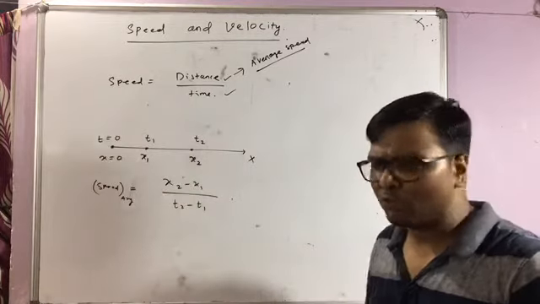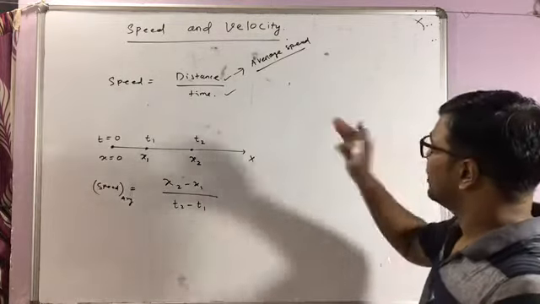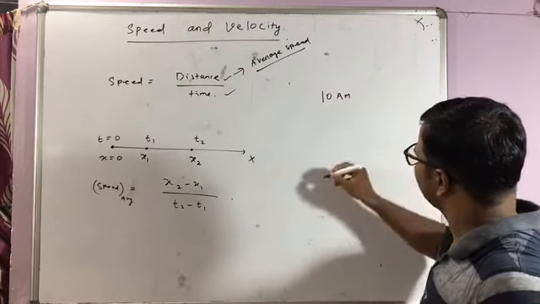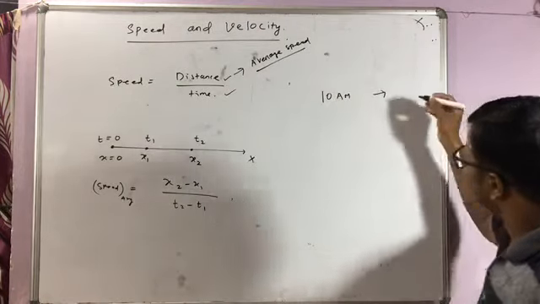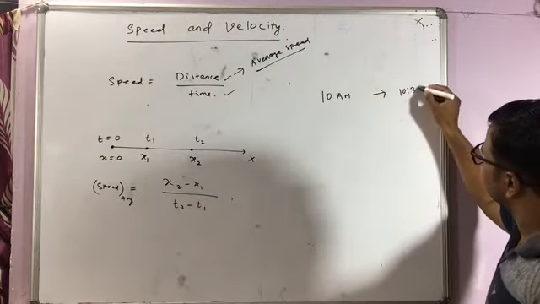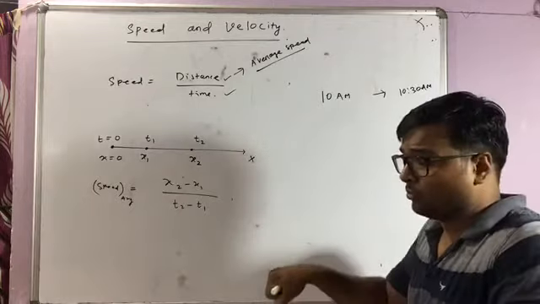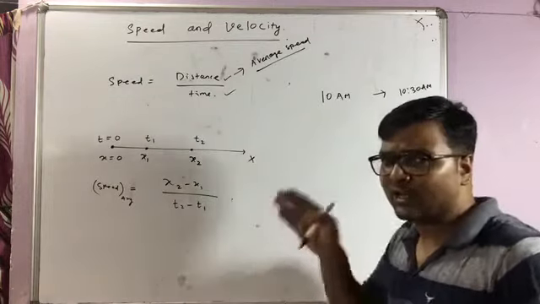Suppose you started at 10 a.m. and for half an hour, means till 10:30 a.m., you are riding your bicycle, your motorcycle along that straight line path.